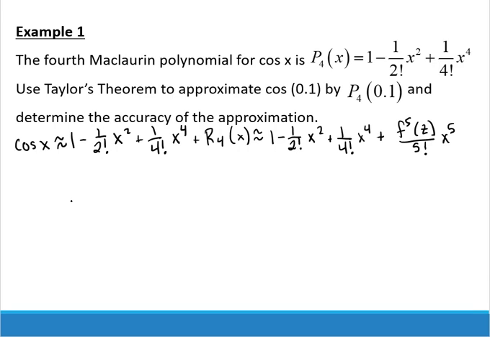Sorry, I was looking at my notes. So for the cosine approximation of 0.1, when I plugged in 0.1 here, I get this approximation to be this.